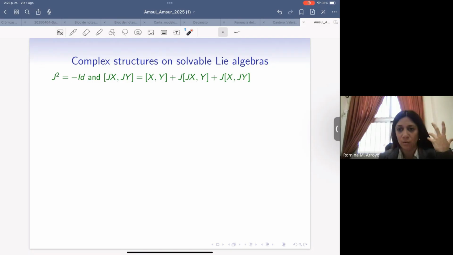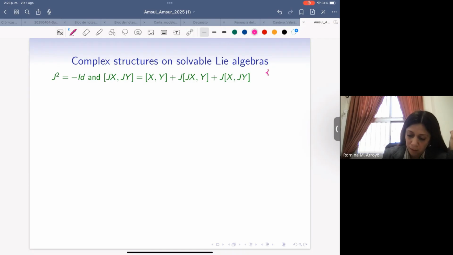So in order to construct a complex structure, you need an endomorphism satisfying this condition. If the Lie algebra has dimension 2, this is a basis, so you can consider this endomorphism, and you are going to have a complex structure.